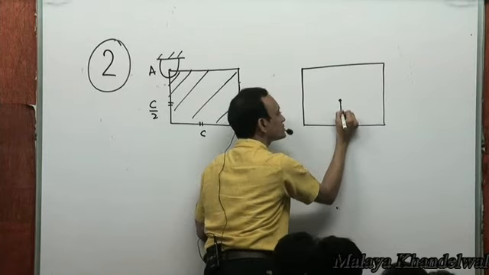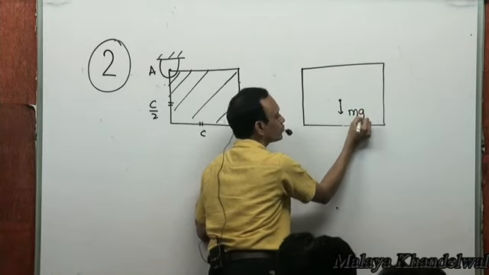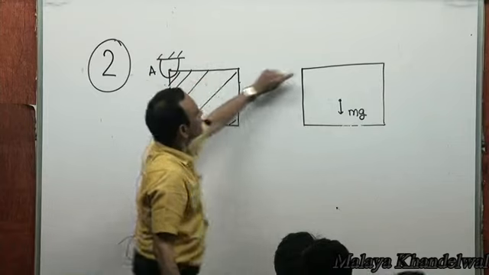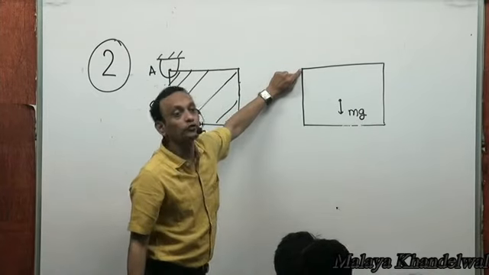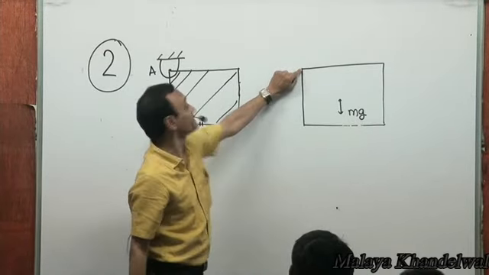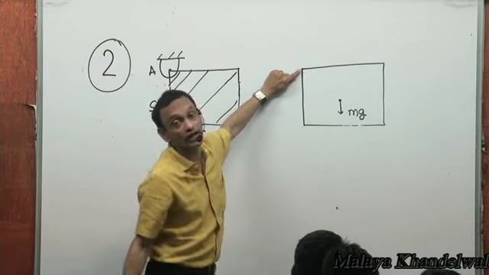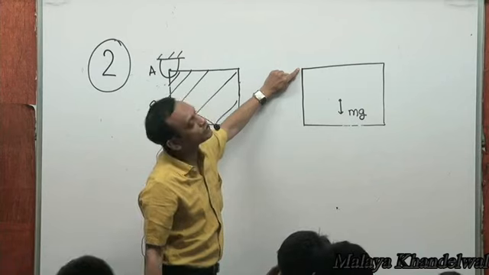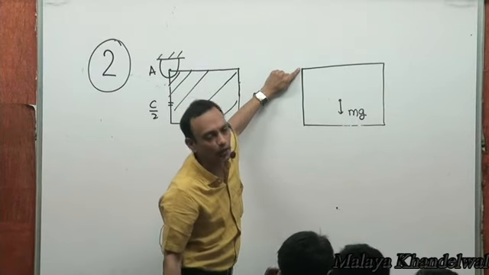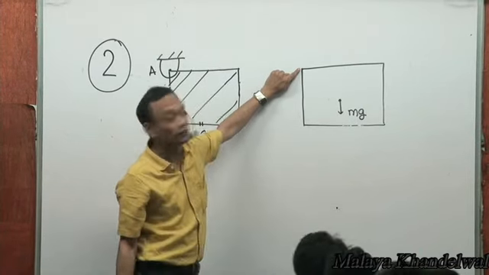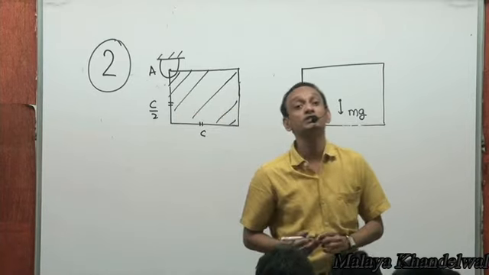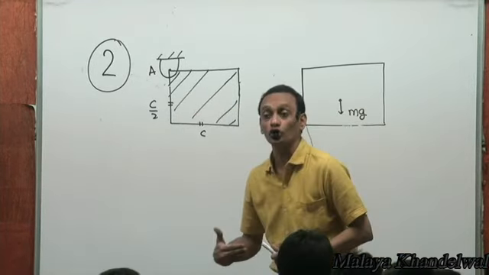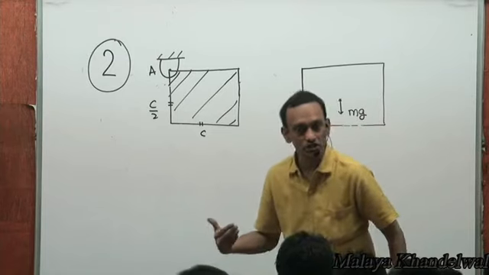what are the forces? There is mg, and at this pin there is a force, but I don't have to bother about the force at A, because if I seek to take torque about A, then those forces will produce no torque about A. So the only force which is relevant in terms of producing torque about A is mg.